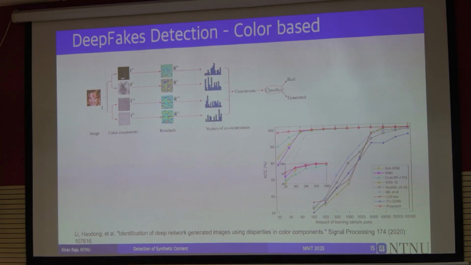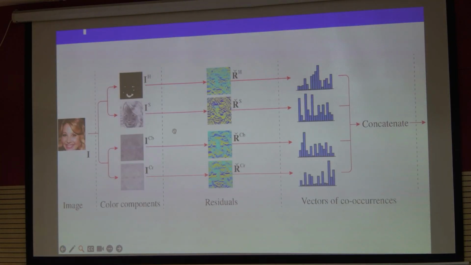Then I'm going to convert it to a color space, which is called hue, saturation, and value, or YCbCr, whatever is your favorite. And then each of these channels will show you different information. If you look at this one, in the S space, it almost looks like a photo negative, right? The old style cameras that we used to use. So that is the important information that it is capturing.